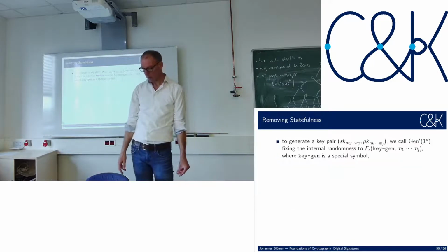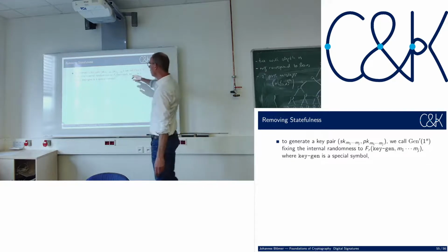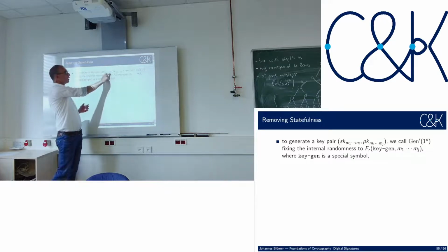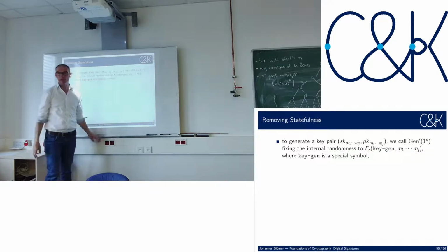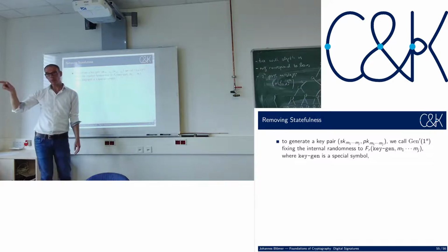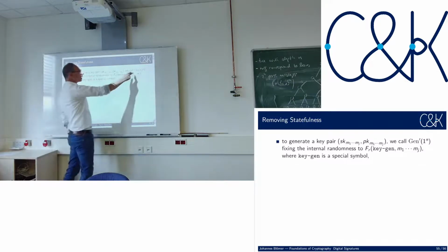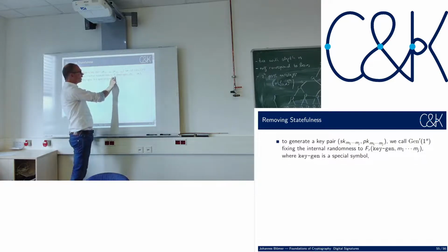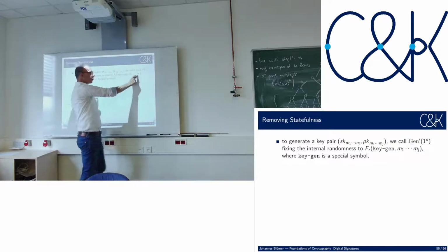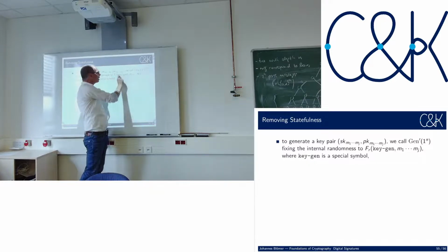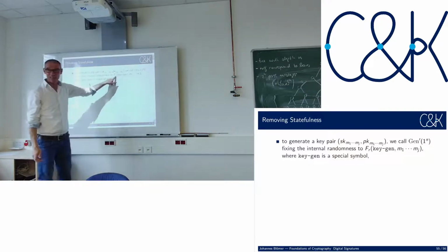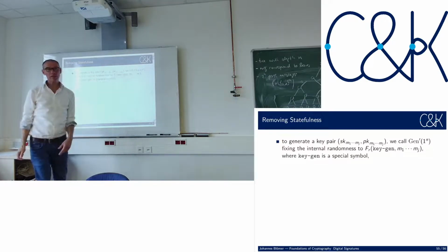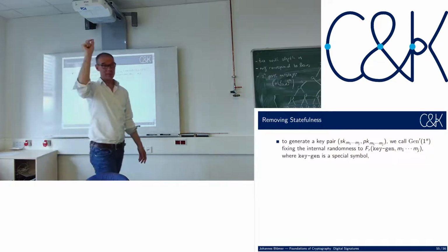When we want to generate a key pair at the position m1 through mj, the m's being bits, we call Gen prime on 1 to the n, fixing the internal randomness to F_r of m1 through mj. F_r is the pseudo-random function indexed by r, and that's the randomness we need for the key generation algorithm.